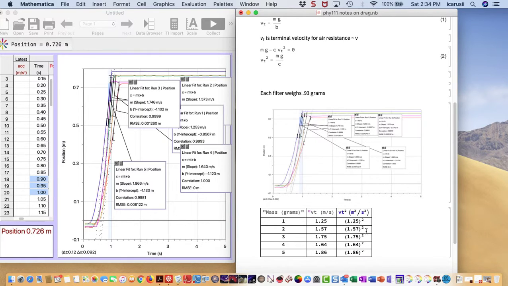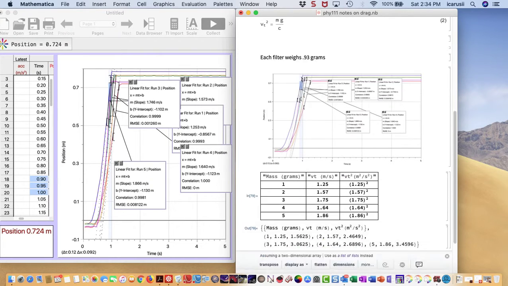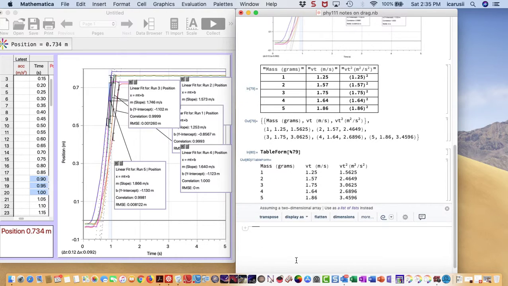Mathematica is a little touchy about things, so it can freak out, and I don't want it to. So here we go. Here is our data, and I will put it in table form. There we go. So there's our data.